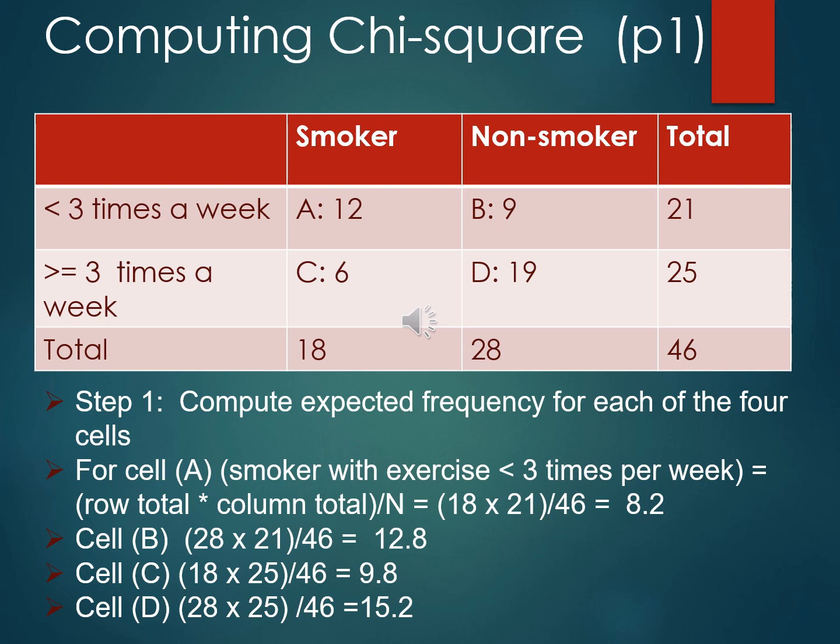So when you multiply 18 by 21 divided by 46, this gives the expected frequency of smokers who exercise fewer than 3 times a week. And you repeat that 4 times to get each of these estimates, such as 8.2, 12.8, 9.8, and 15.2.